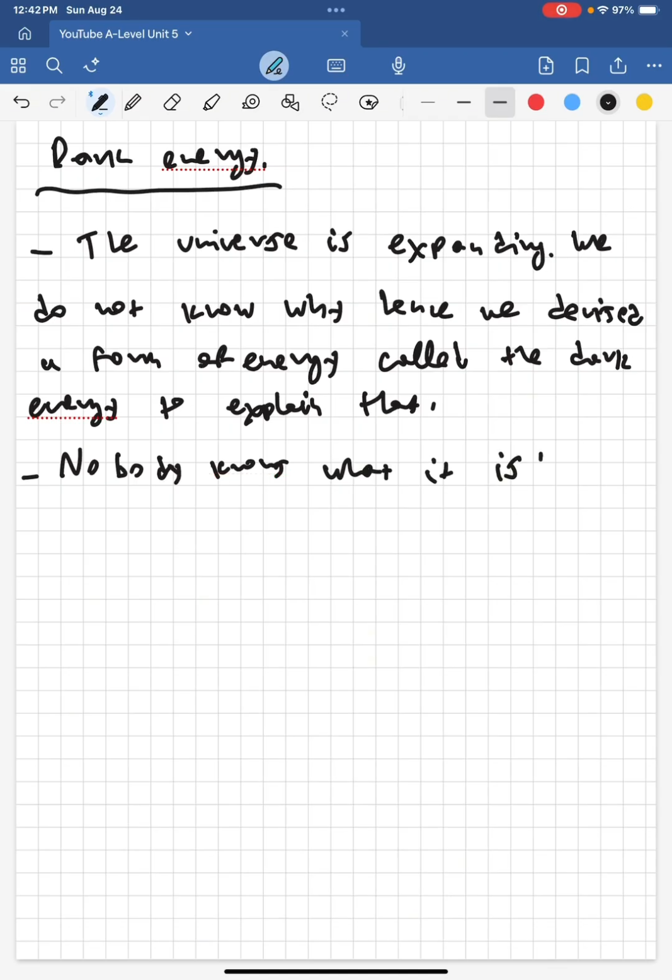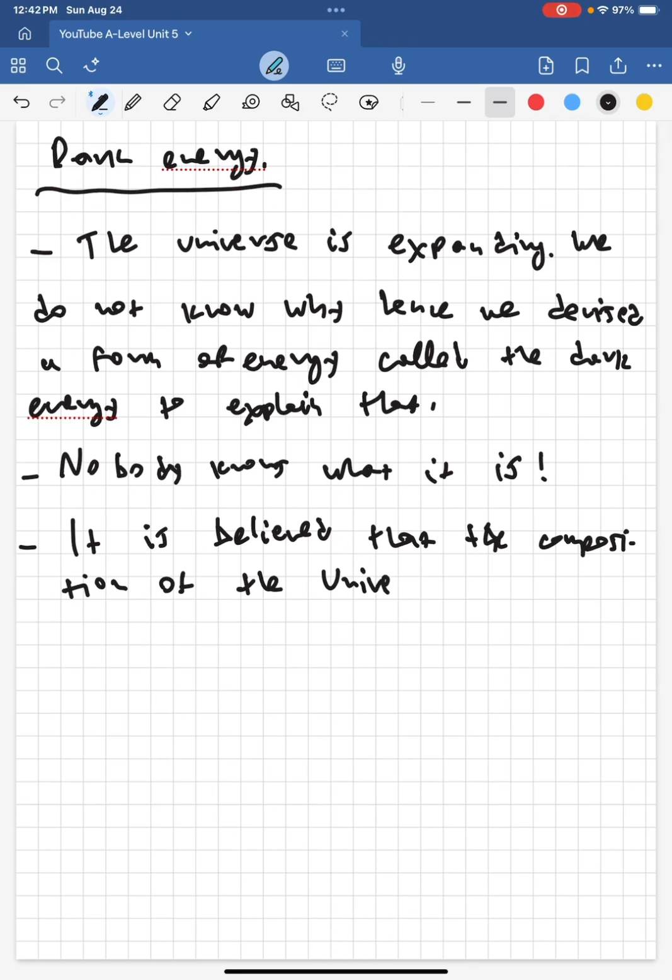However, it is believed that the composition of the universe is as follows.